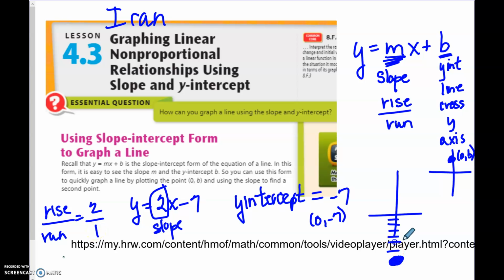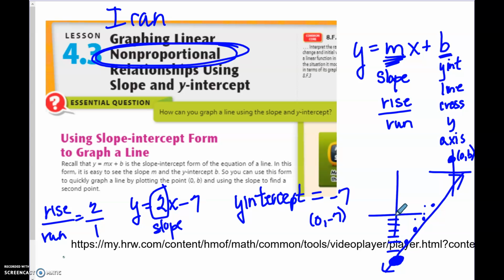I'm going to go up 2, right 1, up 2, right 1, and so on. You see there's a pattern forming, and that's why this becomes a constant rate of change. It's going through that point (0, -7). It is non-proportional, because remember, if it was proportional, it would be going through the origin.